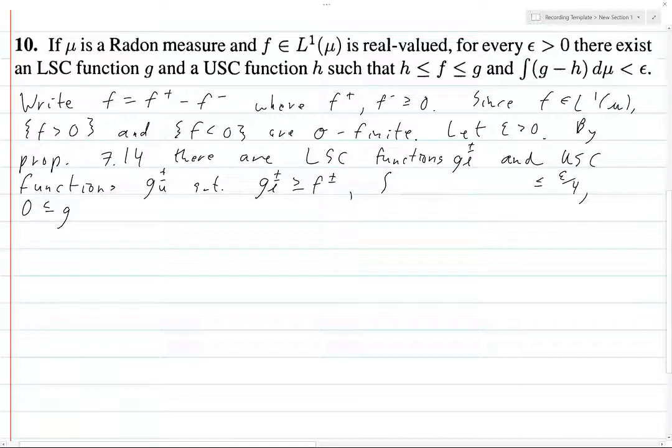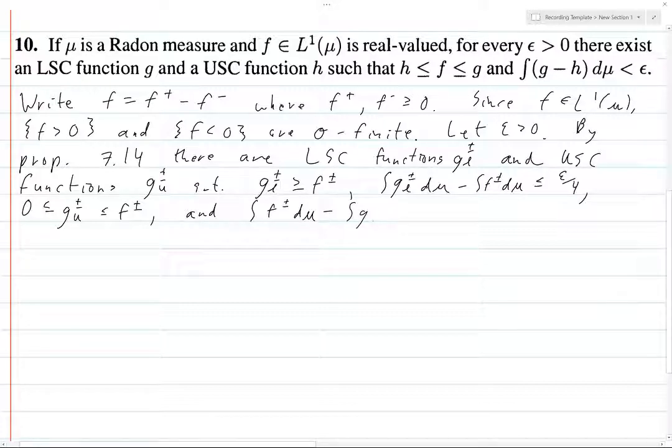So we've got GL plus minus d mu minus the integral of f plus minus d mu, then we've got GU less than or equal to f plus minus, and finally the integral of f plus minus d mu minus the integral of GU plus minus d mu is less than or equal to epsilon over 4.